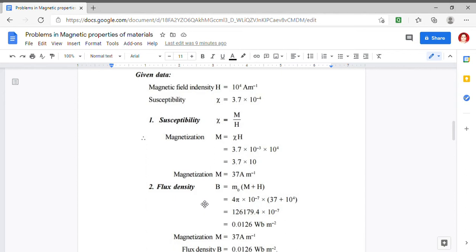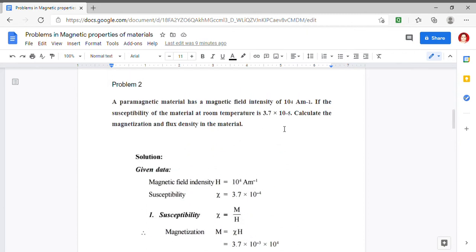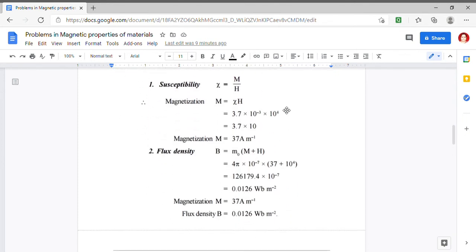Here mu 0, as we know, is the permeability of vacuum, which has a value 4 pi into 10 raised to power minus 7, and we have already determined the value of magnetization, which is equal to 37, and H, the field intensity, is given to us in the problem as 10 raised to power 4.